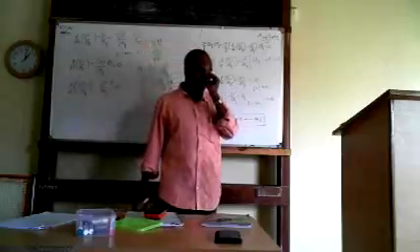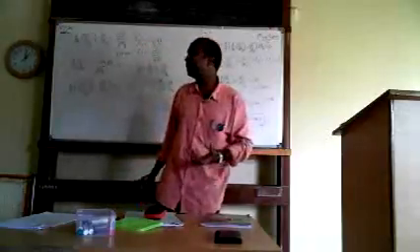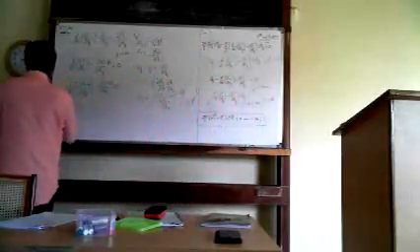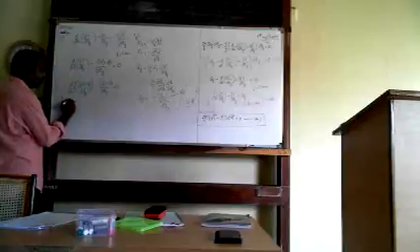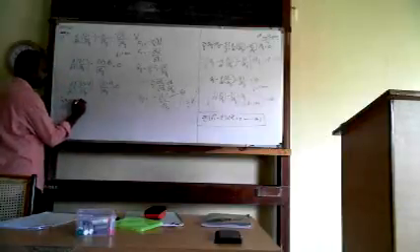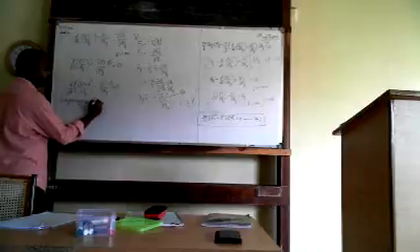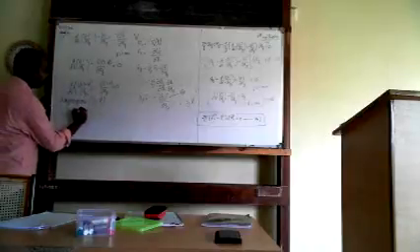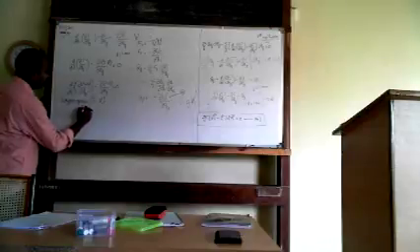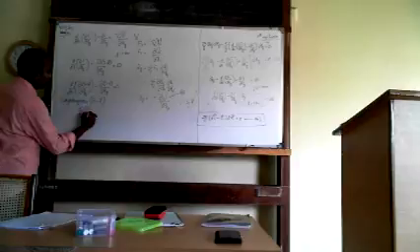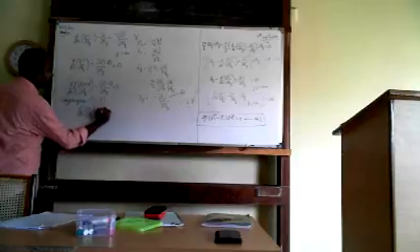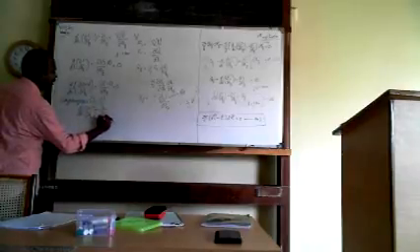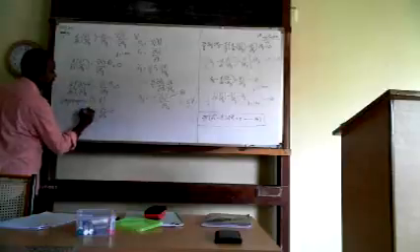Now we introduce a function. That function is called the Lagrangian of the system. We define the Lagrangian as L equal to T minus V. Then this equation becomes d by dt of ∂L by ∂qj dot minus ∂L by ∂qj equal to 0.